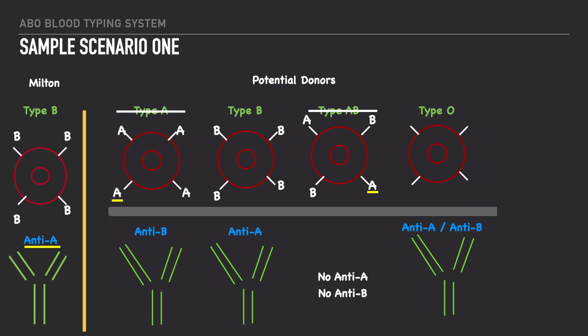So for now, we're only saying Milton could receive blood from someone who has his own blood type, but let's check in with a type O donor. On the surface of its red blood cells, we don't have an A or B associated with it, so Milton's antibody A wouldn't have an A antigen to attack. So our answer here is that Milton could receive from an individual with type B and type O blood.